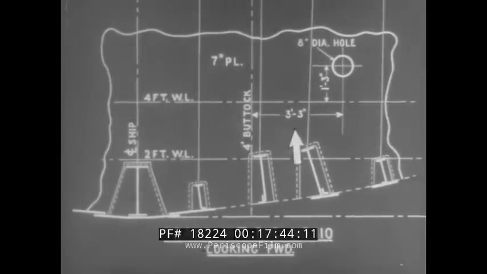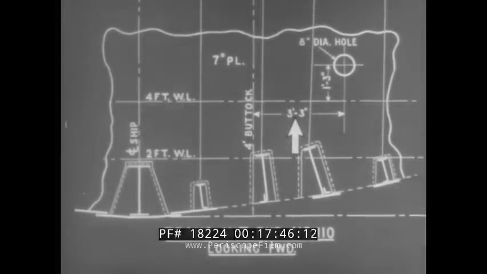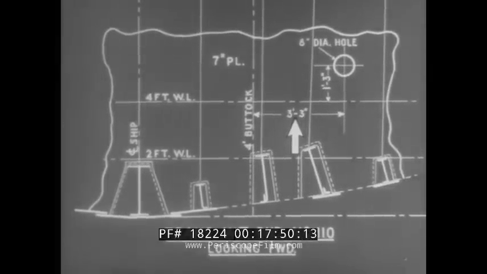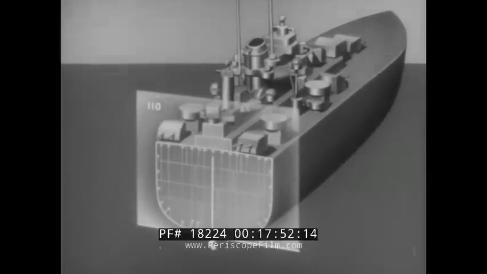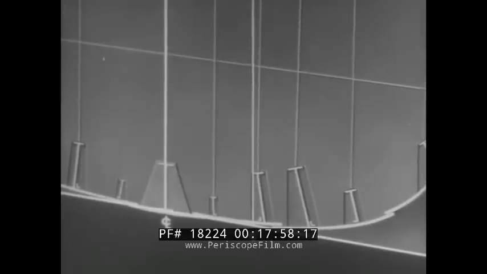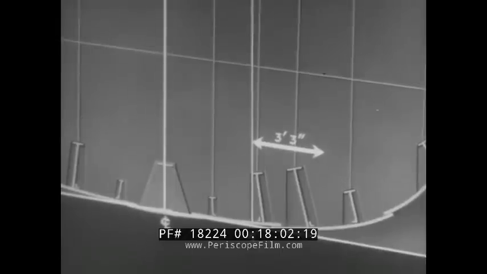The blueprint shows that it is 3 feet, 3 inches outboard from the 4-foot buttock line. We measure outboard the indicated distance and strike a vertical line.